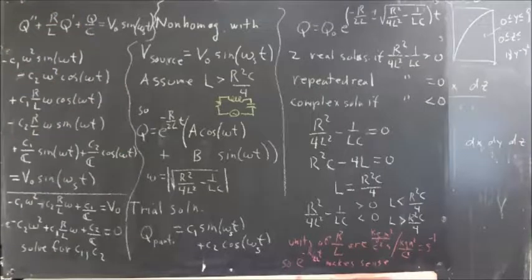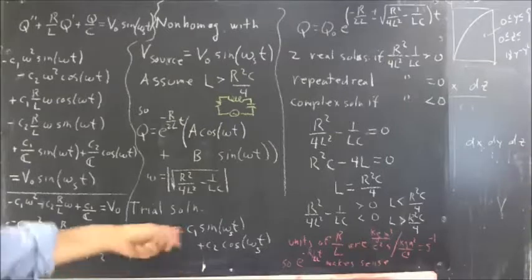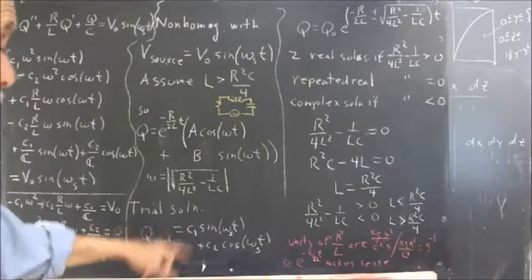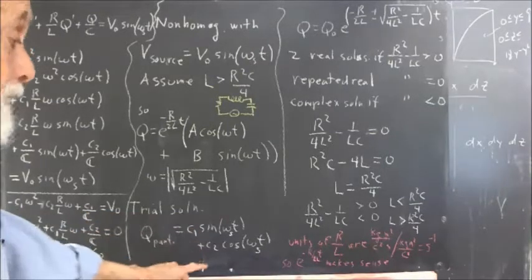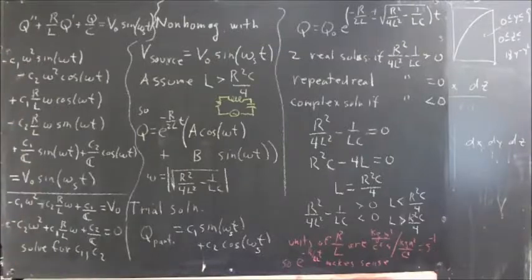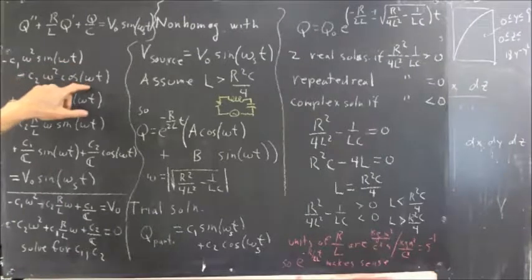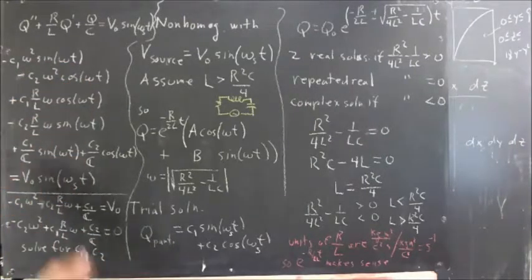We take the derivatives. I'm not going to write this out, but the second derivative of this is negative omega squared times just what we have here. So the second derivative is going to give us negative C1 omega squared times the sine, negative C2 omega squared times the cosine of omega S t.